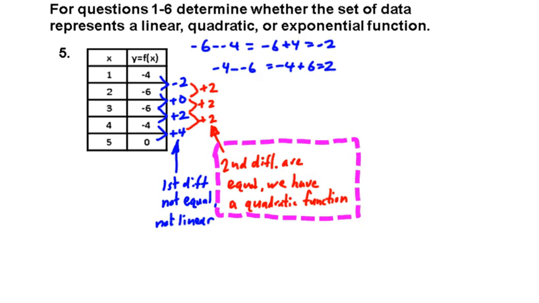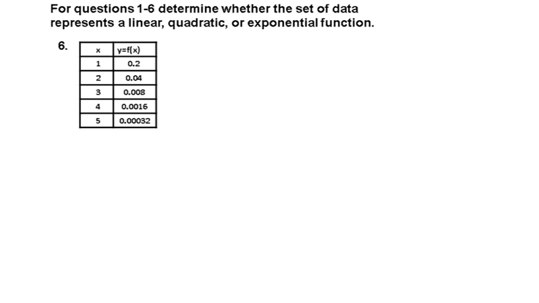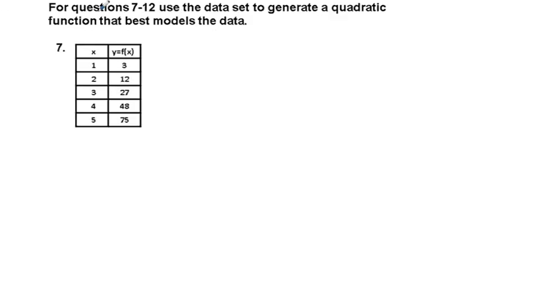For 2, looks like we're going up by 3 each time, so 2 looks like it might be linear. 4 looks like we're going up by 2, 4, 8, so 4 looks like probably exponential. Okay, and then 6, we have to look at, it might be exponential.